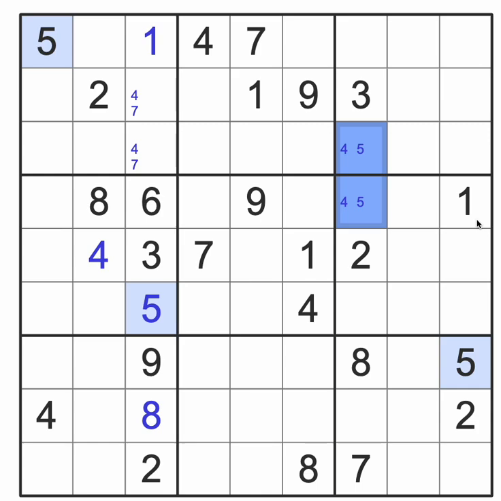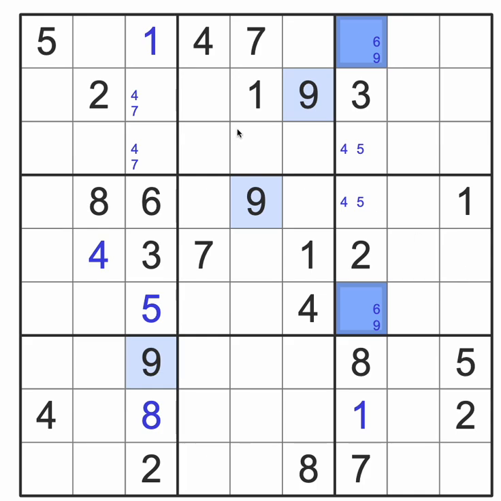So double means no other number can use these cells but 4 and 5. With that, I can place 1 on column 7 because this 1 blocks this cell, and this 1 in box 6 blocks this cell. These are a 4, 5 double, so 1 has to use this cell. And now that gives me a 6, 9 double for these two cells.